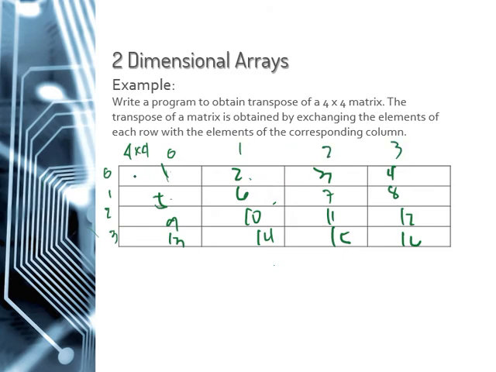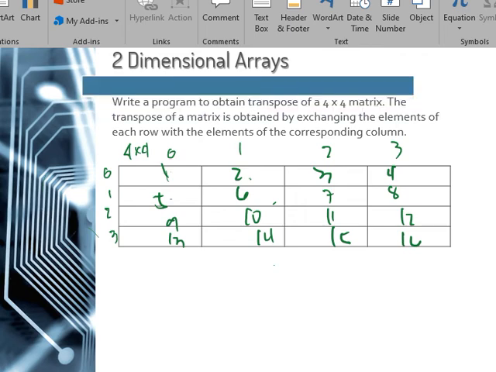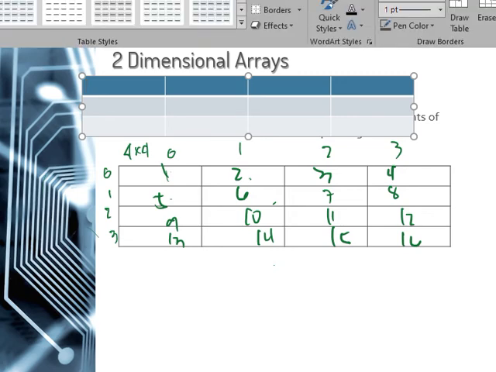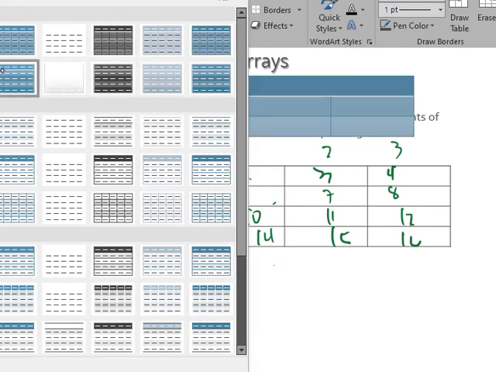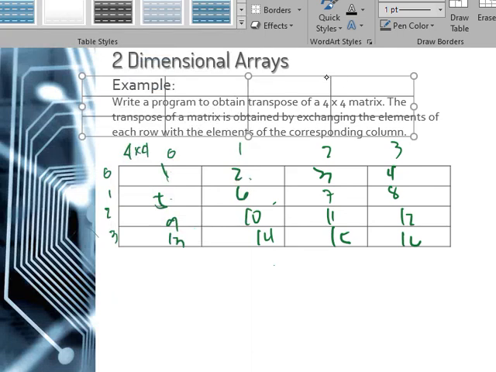Now to transpose this matrix, mabali siya. So, ang tanan na sa row mahimog column, tapos ang tanan na sa column mahimog row. So, what happened is that mag-insert ta og another table. Let's make this simple.